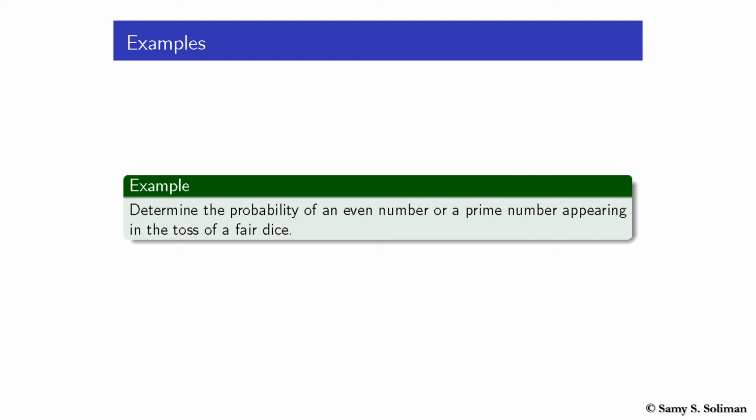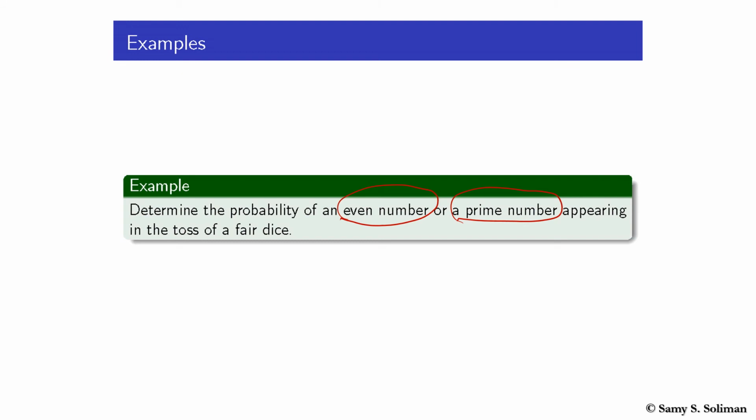Another example, here he says determine the probability of an even number or a prime number appearing in the toss of a fair dice. Here we have a direct application of the union rule, because he wants to calculate the probability of having an even number or a prime number.